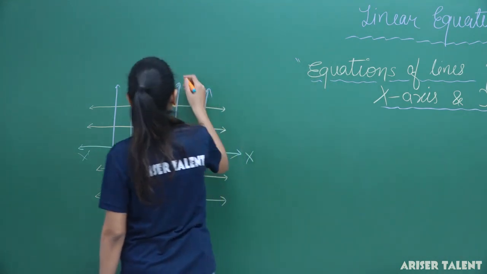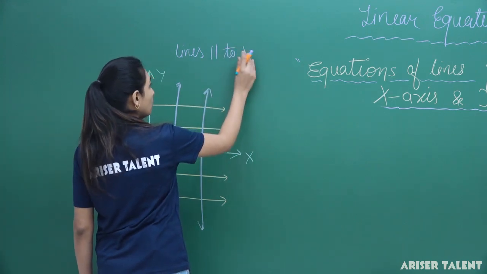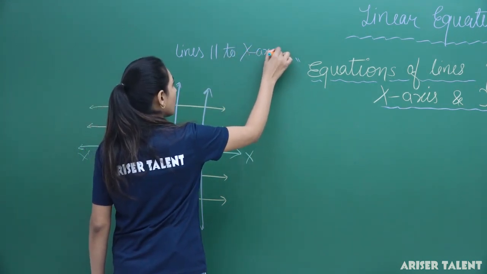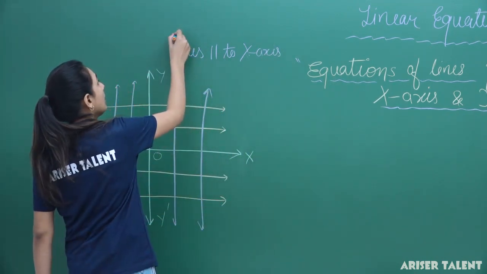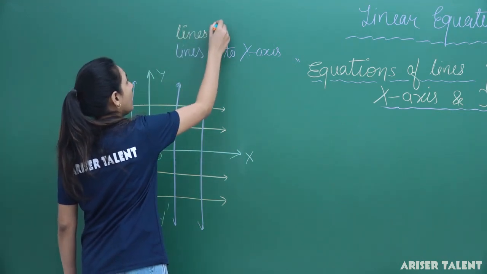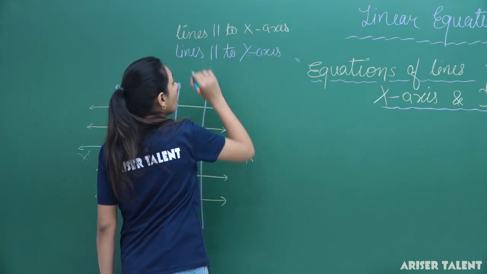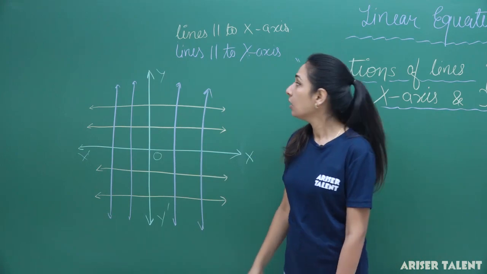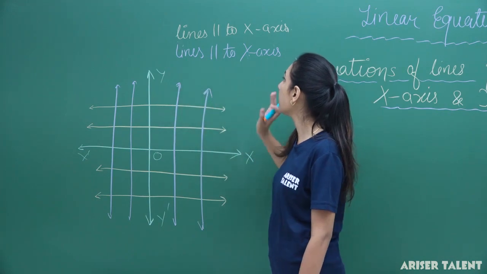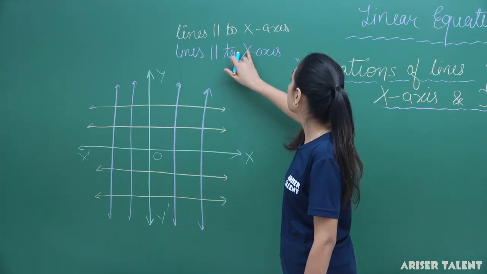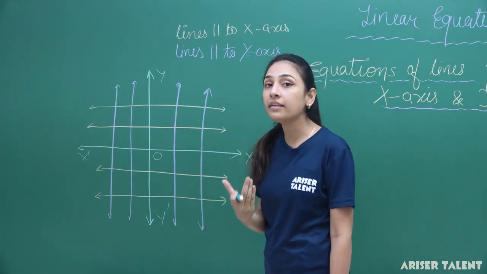So, simply this purple is lines parallel to y-axis, and these all yellow lines are lines parallel to x-axis. Understood this thing or not? Understood? So, the yellow ones are the lines parallel to x-axis and the purples are the lines parallel to y-axis. Correct? Okay.